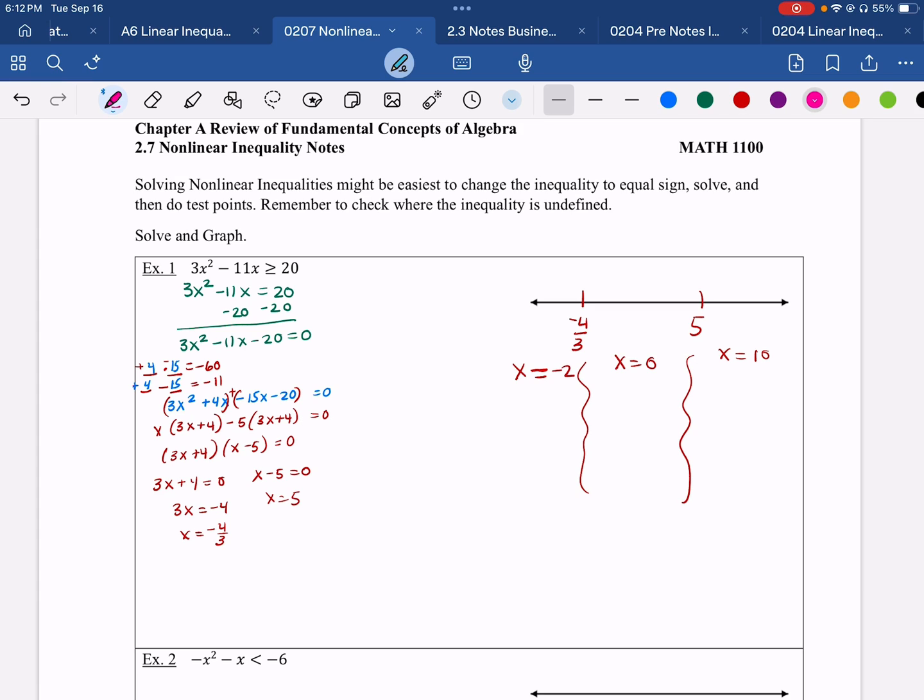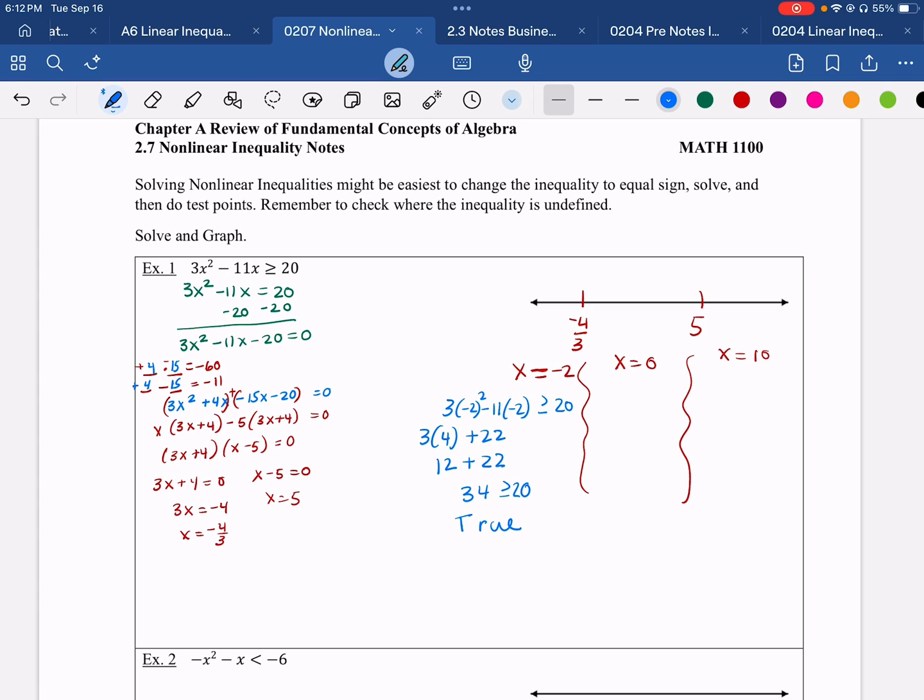So we're going to plug these in. 3 times negative 2 squared minus 11 times negative 2, is that greater than or equal to 20? That gives me 3 times 4 plus 22, 12 plus 22 is 34. Is that greater than or equal to 20? And that one is true.